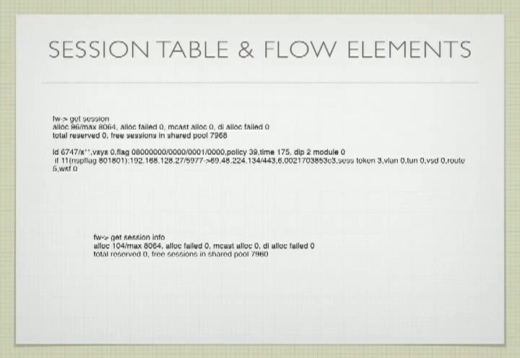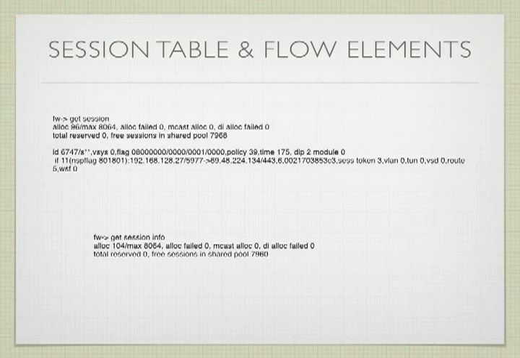When you say get session info, this is the overall view you get. You know, what's the current allocated sessions? 104. What's the maximum number of sessions that this device allows? 8,000. There have been no failed allocated sessions on this device, so that means you've never hit the maximum.